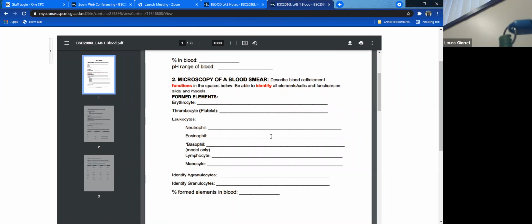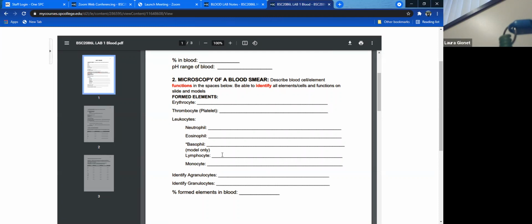Produces antihistamines and combats parasites. Basophils, we generally just have you identify on the model only. Produces histamine and heparin, increases inflammation. Histamine increases blood vessel leakiness. Heparin is an anticoagulant.